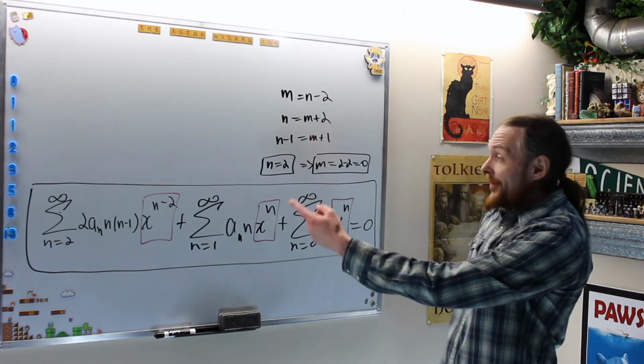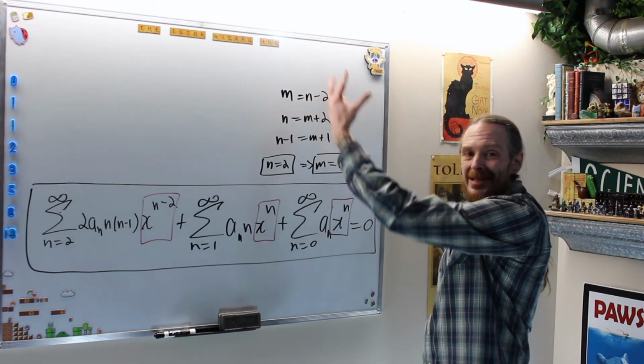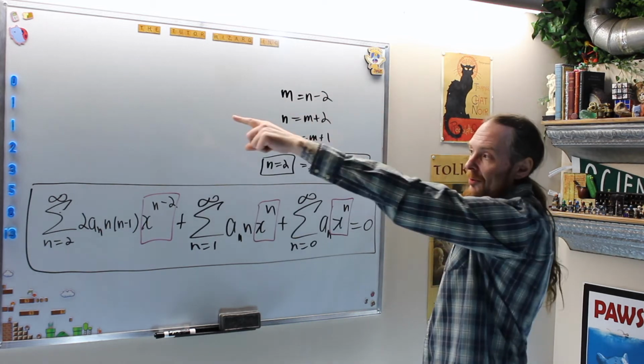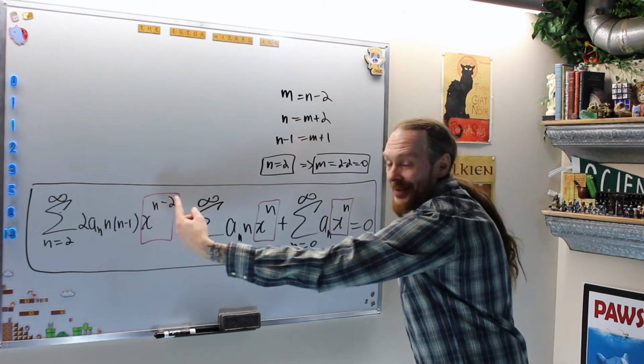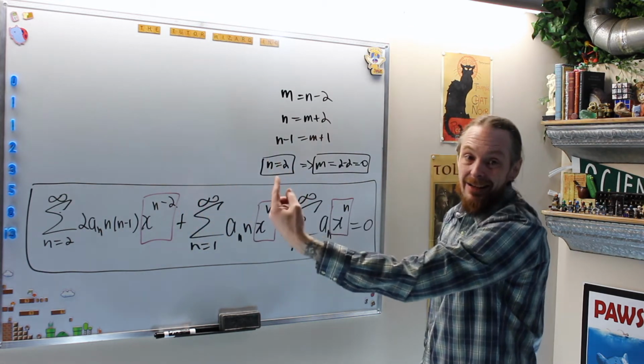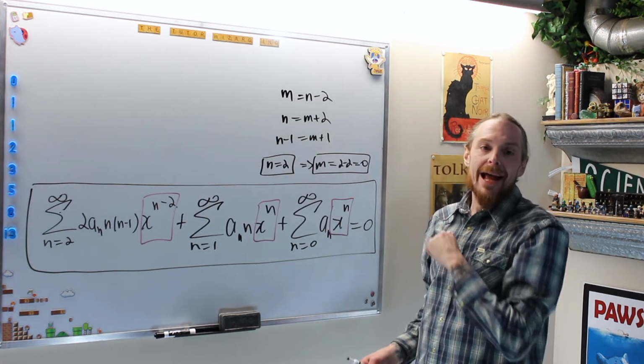So now that I have that, I can eliminate n and put all m's in there temporarily, which I'll do over here, and then we'll reshift, and this will be shifted and put back into the exponent n. So I'm cleverly going to turn it all into m's, but then because m is a dummy, I'm going to put n back in.